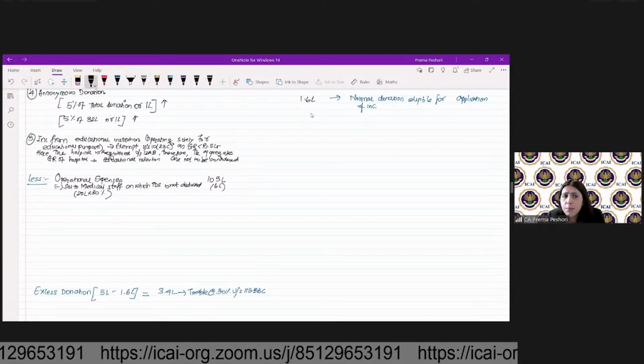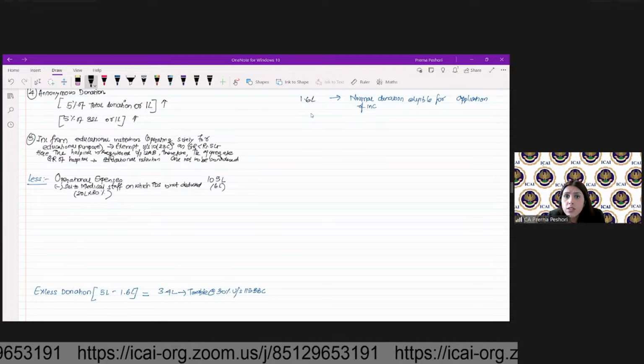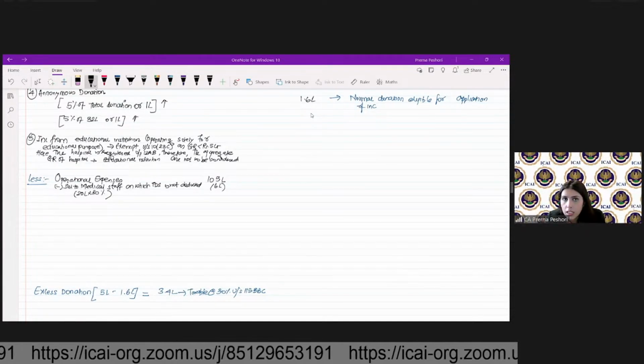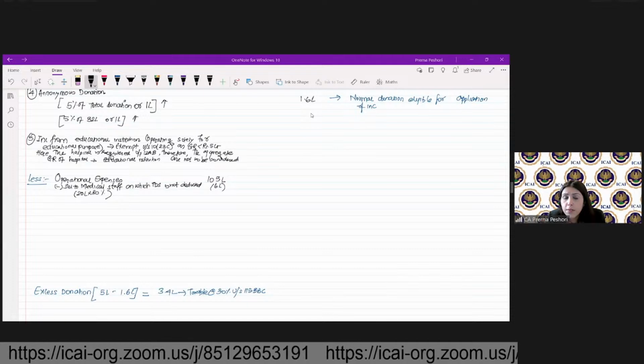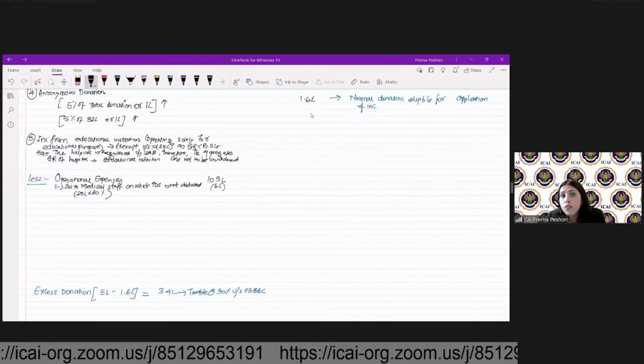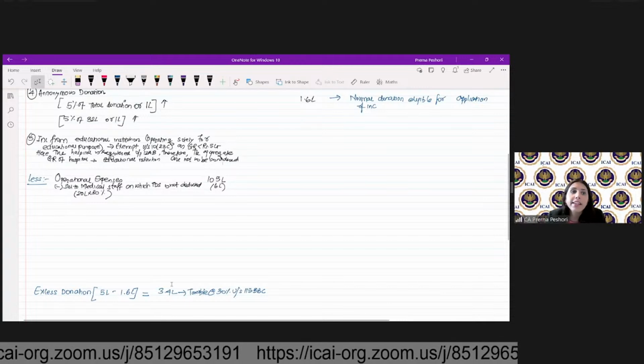If, let's say for example, the hospital was also registered under 1023C, if the question would have said that we are registered under 1023C, then of course in that particular case we would have considered the aggregate receipt.